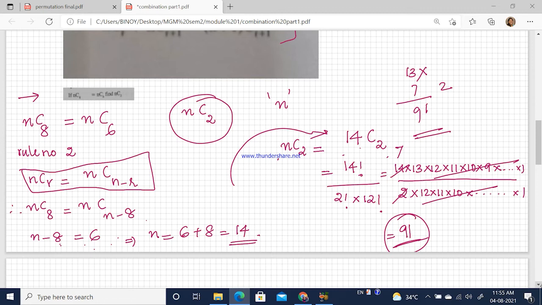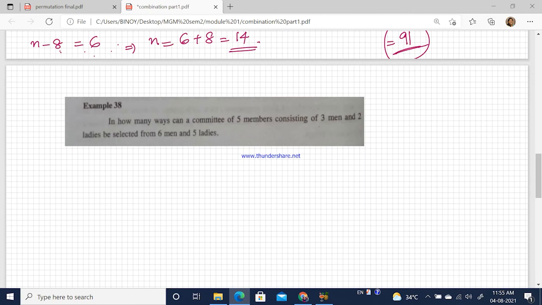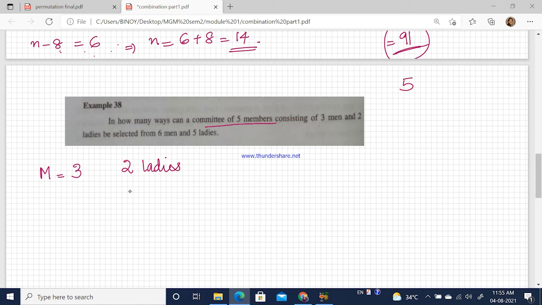Now moving on to the next question, which is example 38. In example 38, it says: in how many ways can a committee of 5 members be formed, consisting of 3 men and 2 ladies, selected from 6 men and 5 ladies altogether.